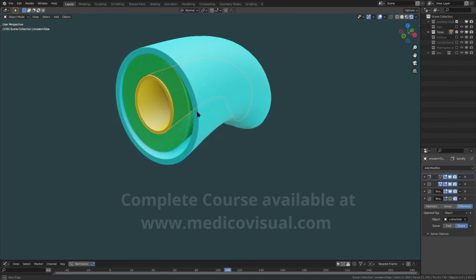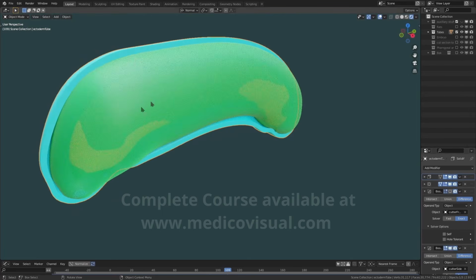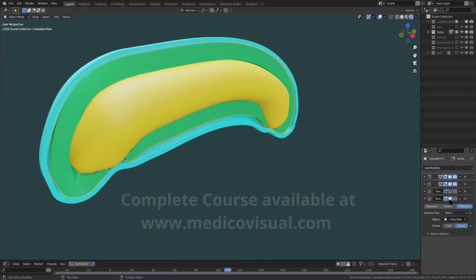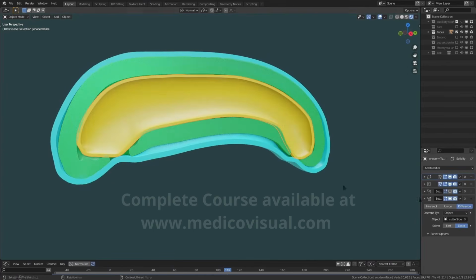Let's cut the section from sides as well, so these things will become more clear to you. So here is the side cut section of the ectoderm, and here is the side cut section of mesoderm, and here is the side cut section of endoderm.